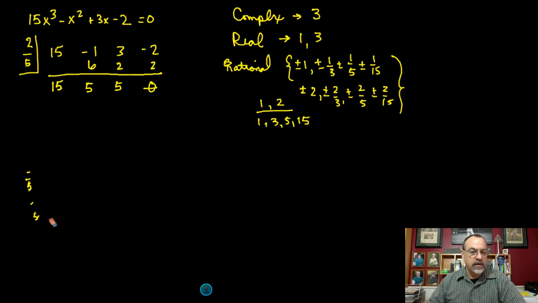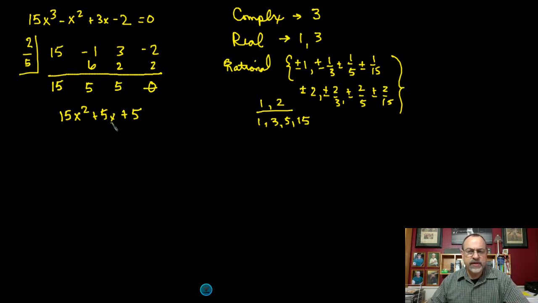Now I know that there aren't any more rational zeros, because when I saw the graph it only crossed one place. So I have here my quadratic, 15x squared plus 5x plus 5. I know this isn't going to factor because if it did, those numbers would be rational or real zeros.